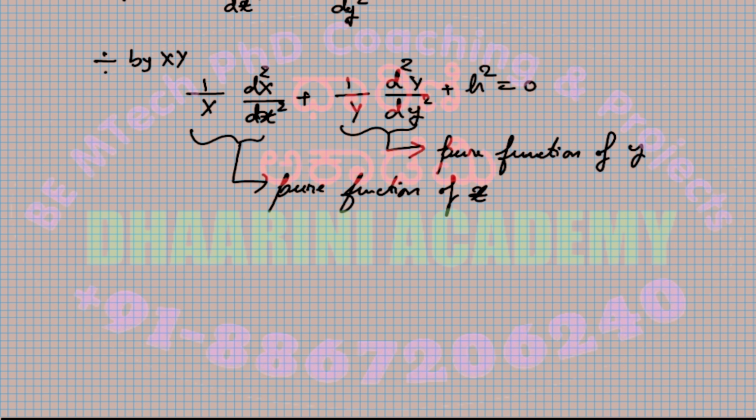So separate the terms and solve. That's the method. Separating the terms means we'll make another assumption now: (1/X) d²X/dx² is equal to, you can take any value. So I can see that this h² goes to the other side.